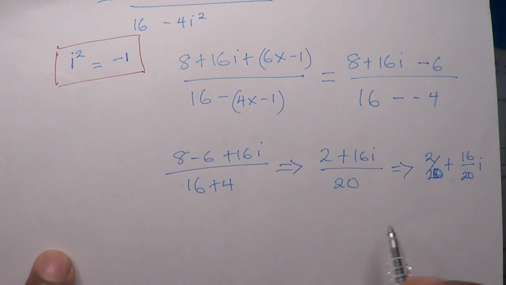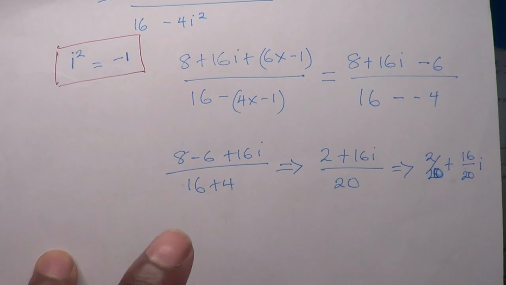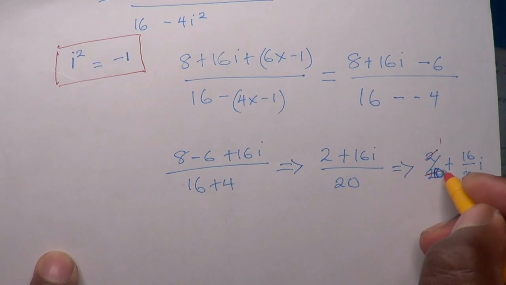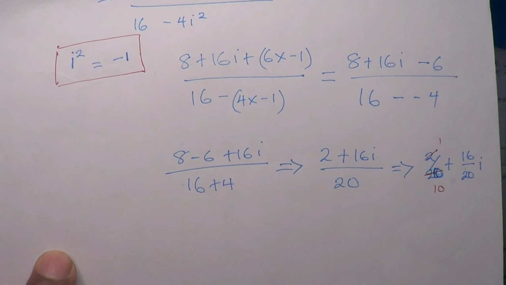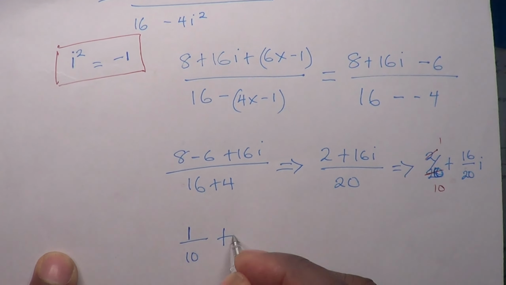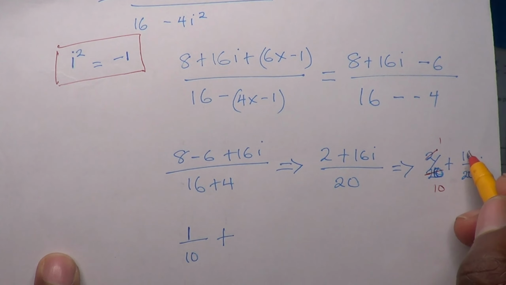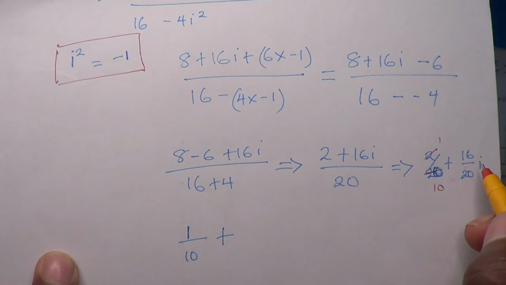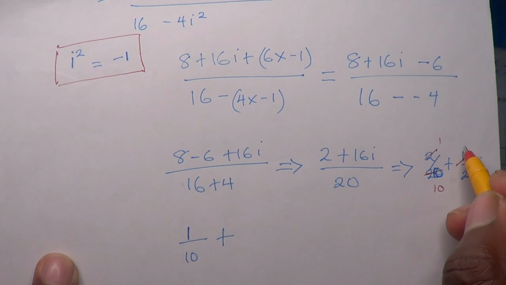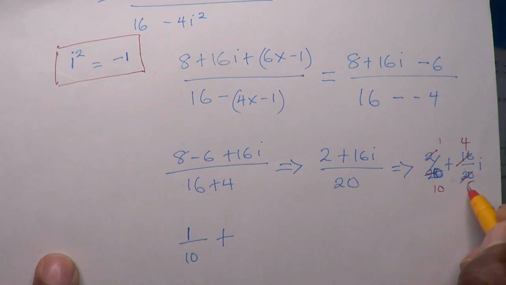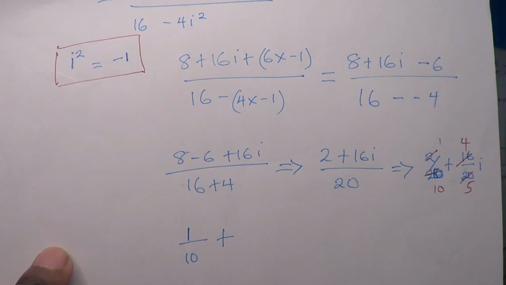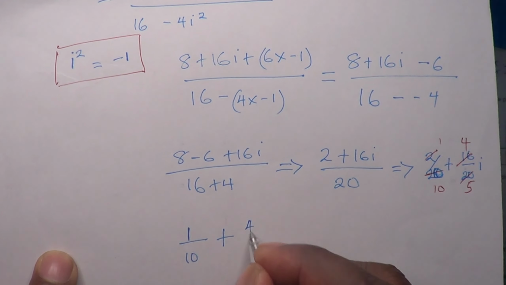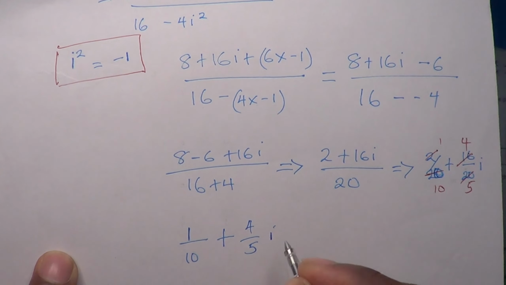So 2 over 20 simplifies: 2 goes into 2 once, into 20 ten times, so it will be 1 over 10, plus the common factor between 16 and 20, that is 4. 4 goes into 16 four times, 4 goes into 20 five times. So it will be 4 over 5i, and that is the answer.